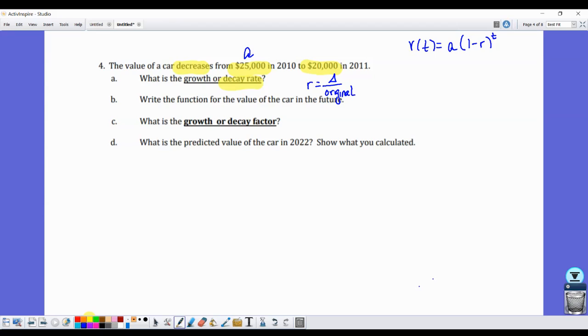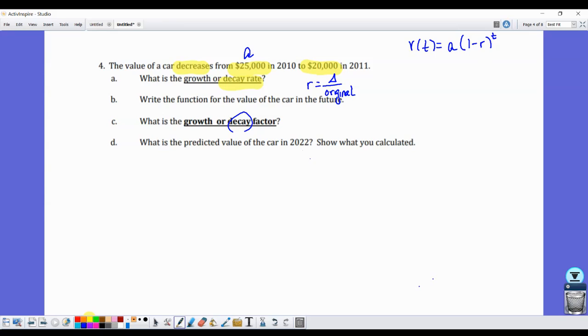And then you're going to write the function. Was this growth or decay on part C? We know it's decay because we've already talked about decrease, and we want to know what that decay factor is. So let's have you start working through the problem, and once you figure out what your function is, let's go back and predict what's the value of the car in 2022.